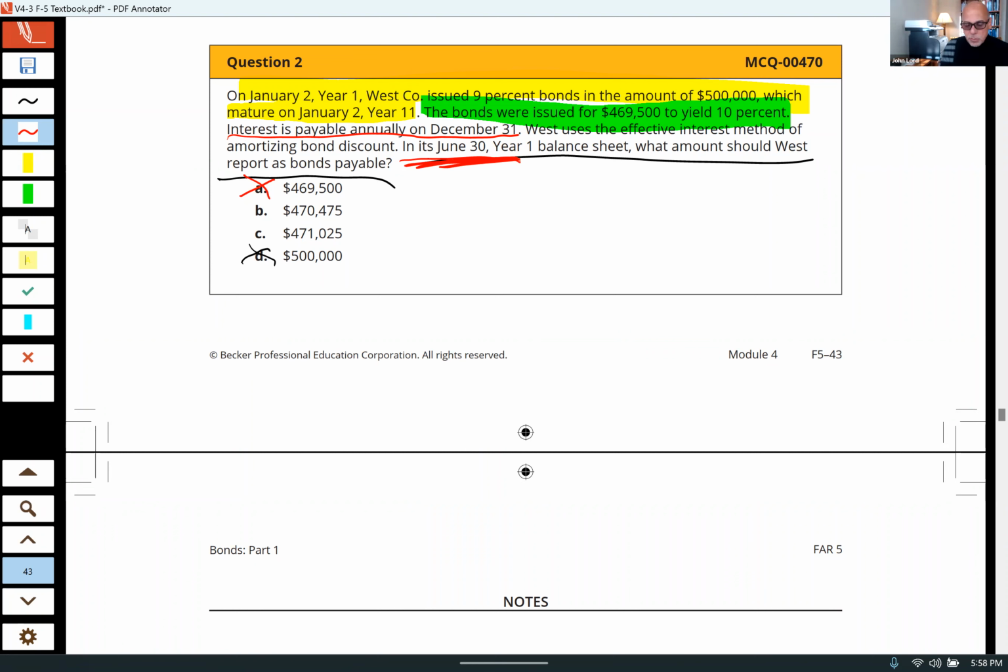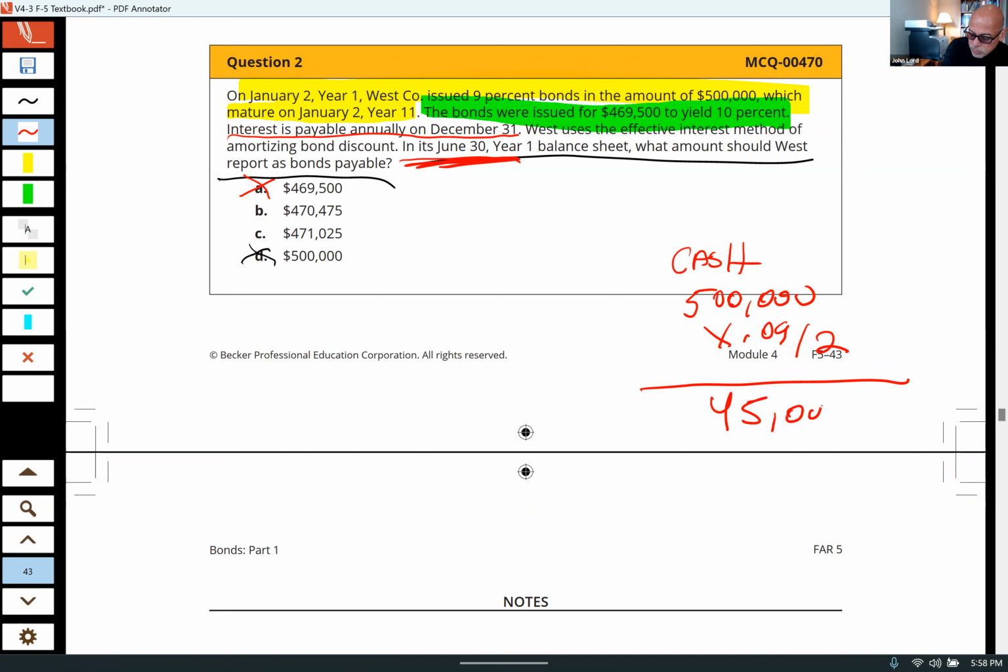We know it's going to increase it, but what's going to be the precise amount here in order for us to get this correct? So we look, and the cash interest on this is going to be the 500,000 times 9% divided by 2, because they're asking me 6 months later. So the cash interest is going to be 45,000.